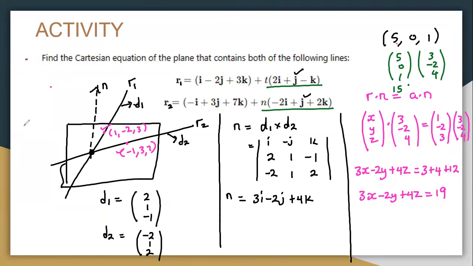Take an example, in case I have 2, 1, 1 as my direction D1, and I have my second direction D2 as 4, 2, and 2. When I look at these two directions, I'm going to ask myself, are these two directions parallel? How do I prove that they are parallel?